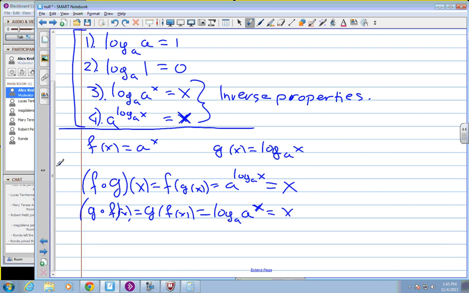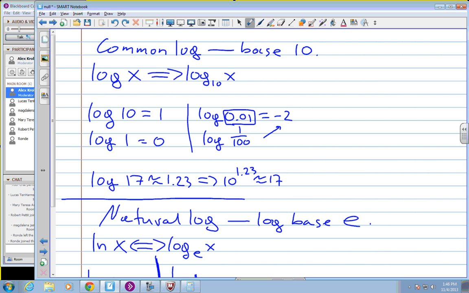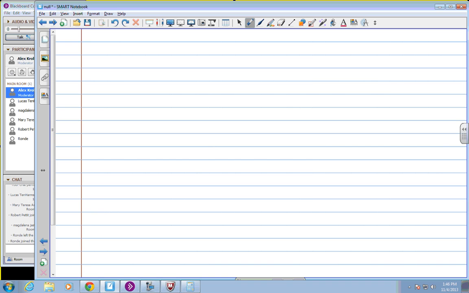So the output of a logarithmic function is really an exponent. It tells me the power to which I need to raise the base to get whatever the input was. All right. So for any log base 10 or any log base e, we can do it on a calculator. For anything else, we can use what we call a change of base formula.